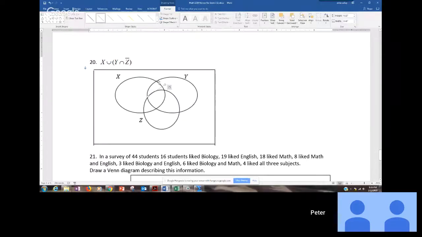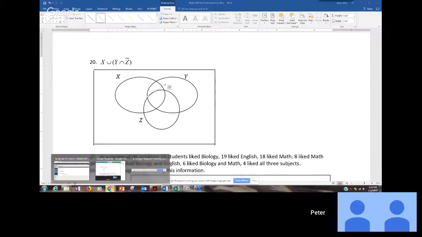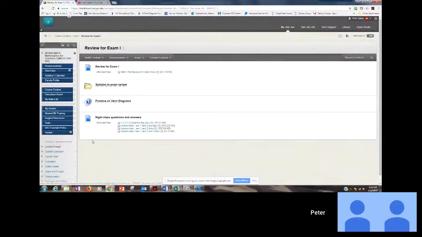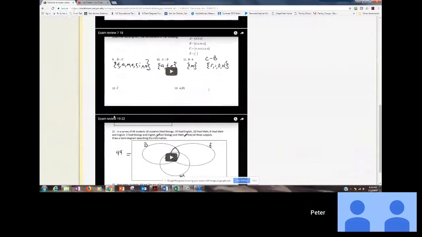So the only thing that really isn't shaded is the outside stuff. And you know what? I have a video of this. I can just pull that up and point to that. I'm working way too hard for this.